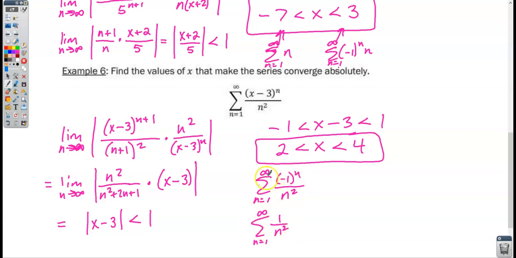Yes. Therefore, this series converges absolutely. Therefore, 2 is included in this interval of places where this series converges absolutely. If I put 4 in there, it just jumps right to the sum from 1 to infinity of 1 over n squared. We know that converges, therefore it converges absolutely, so we're going to need to include that endpoint as well.